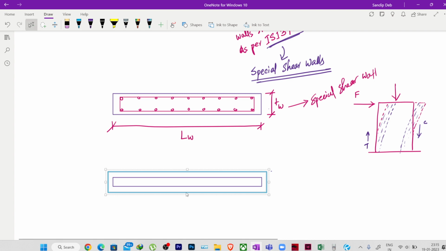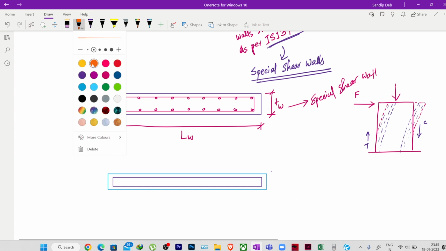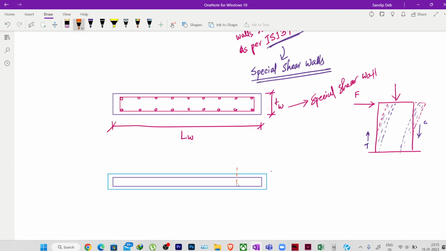Fine. So now I have drawn another section of the shear wall, and now I will take a length. I will tell you what will be the length. So I'll take a length at the ends. So these are my extreme ends.